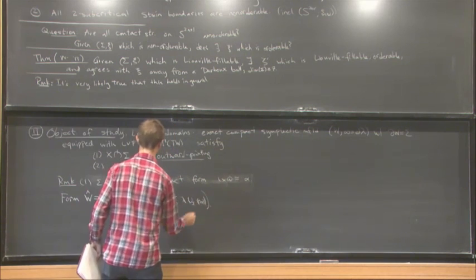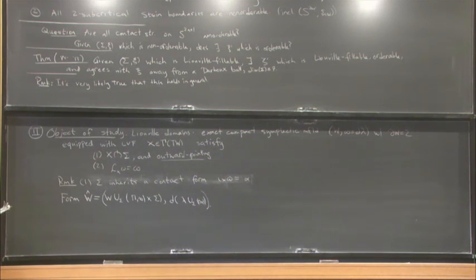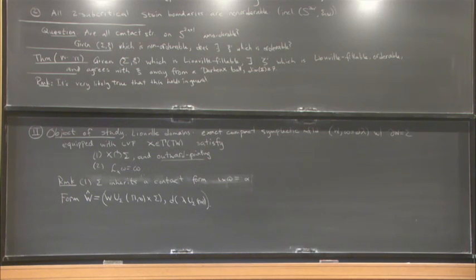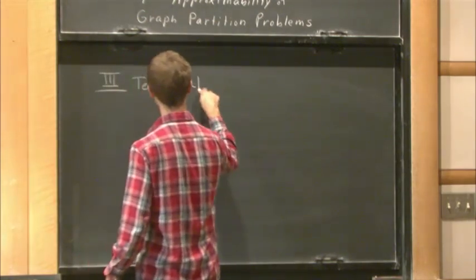So I'm looking at this as a symplectic manifold. This is a Liouville manifold, and the reason I'm defining this is because I want to use what's called Rabinowitz Floer homology on this. This is the technical tool that I use to prove this.